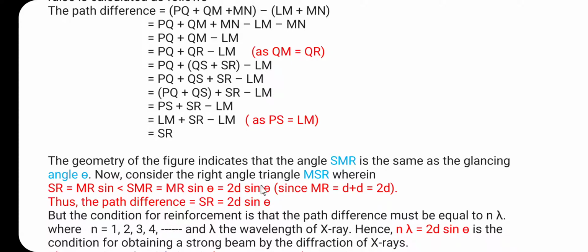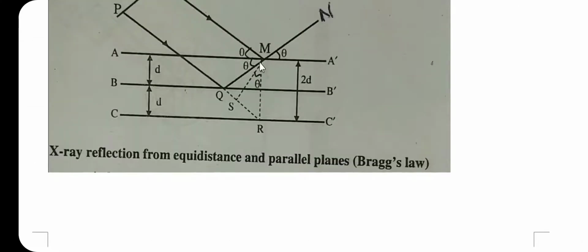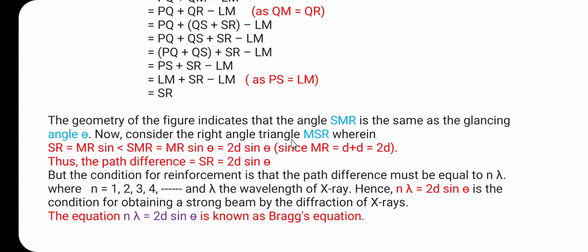Now consider the right angle triangle MSR, with the right angle at S. In this triangle, SR is equal to MR times the sine of angle SMR, and the angle SMR is equal to theta. So SR is MR into sin theta.